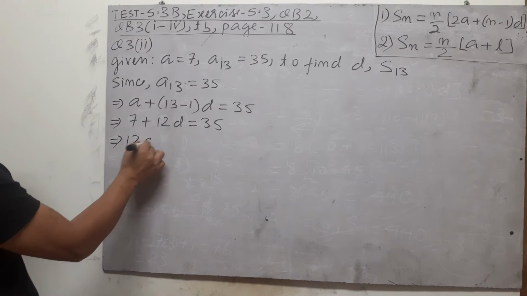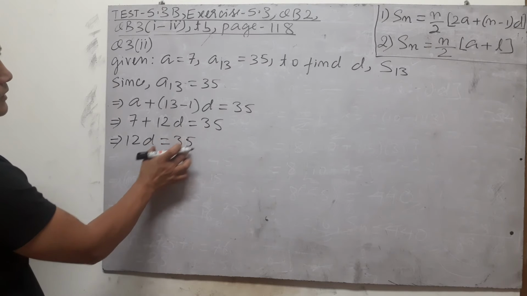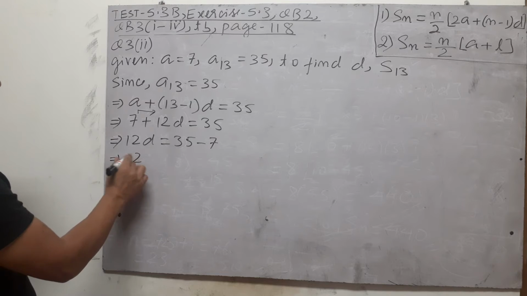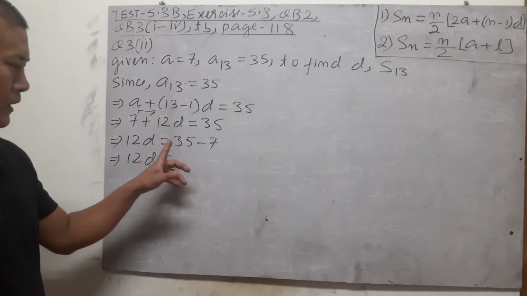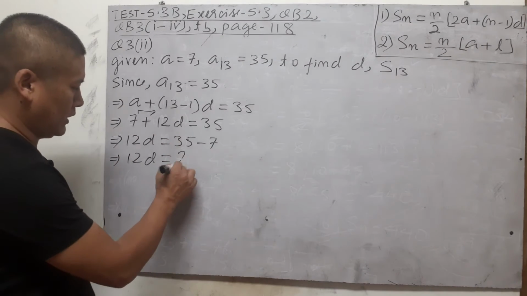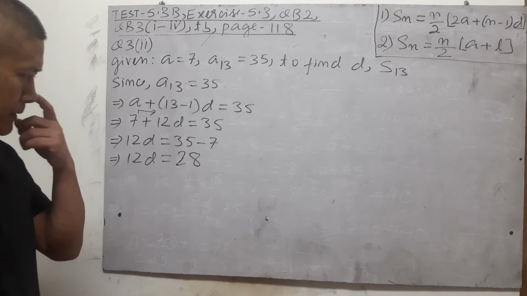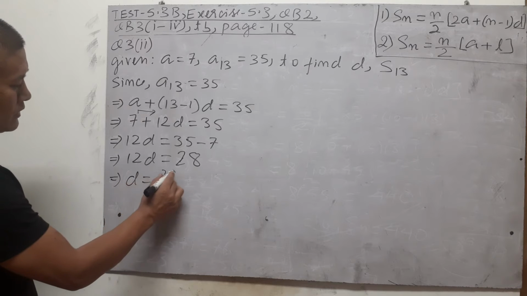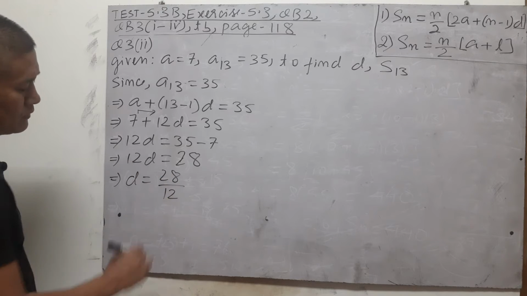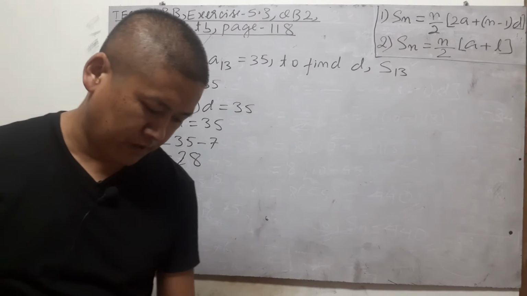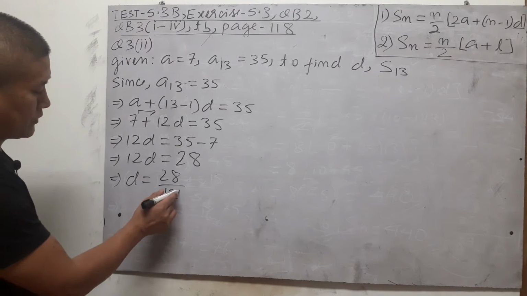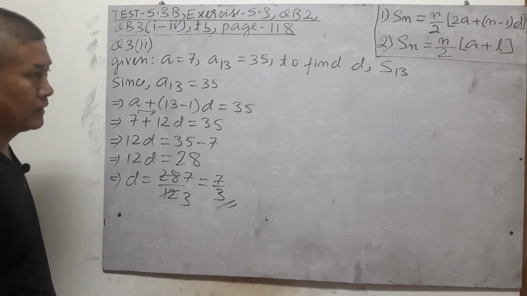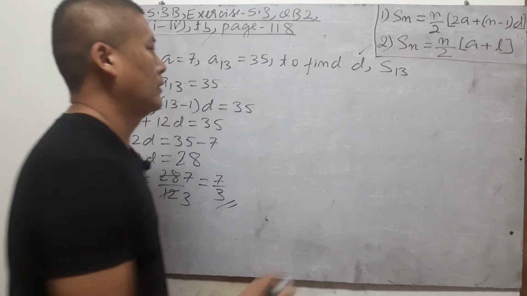So 12d equal to 35, plus 7 shifted to the right side becomes minus 7. 12d is equal to 35 minus 7, which is 28. So d equals 28 divided by 12. 4 threes are 12, 4 sevens are 28, so d value is 7 by 3. The d value is found.